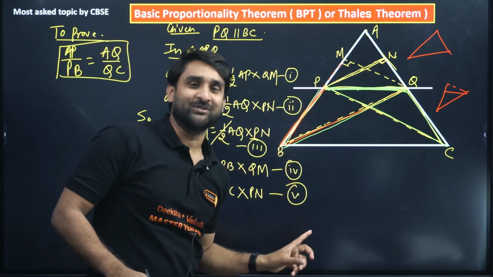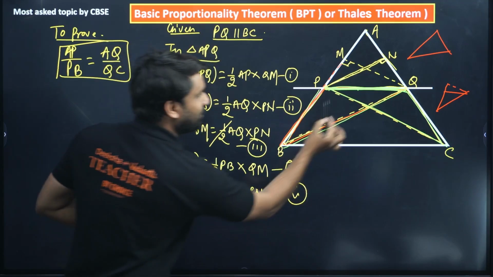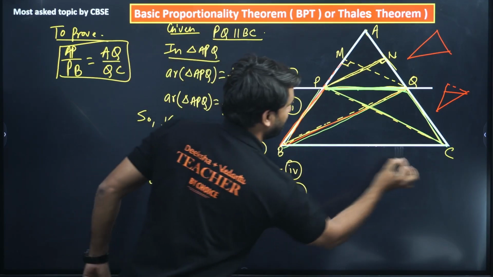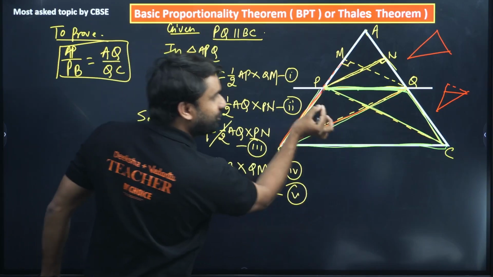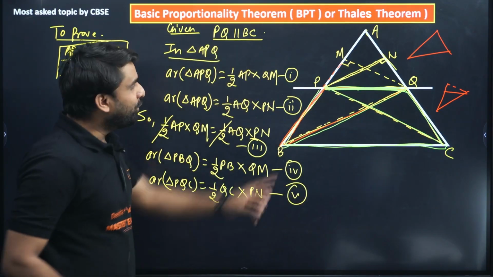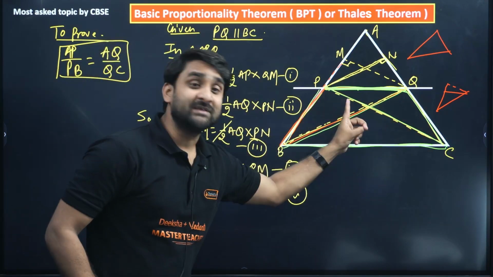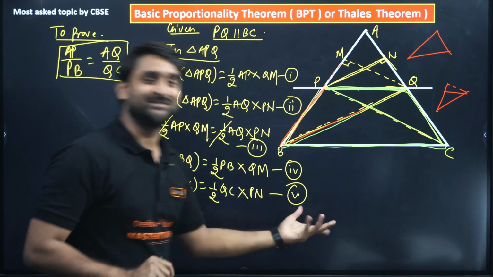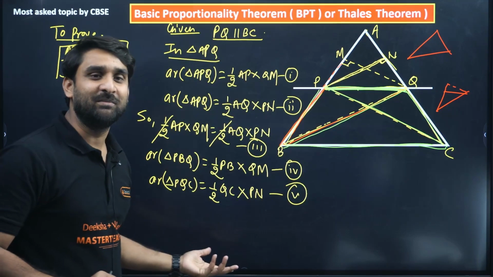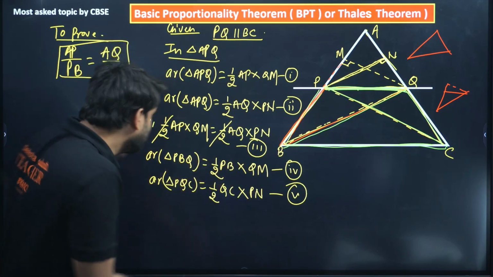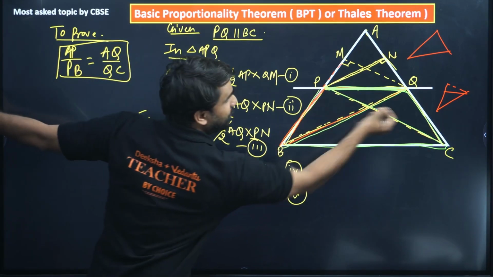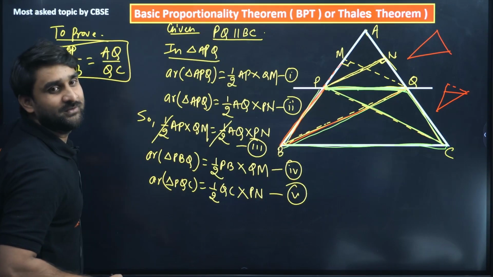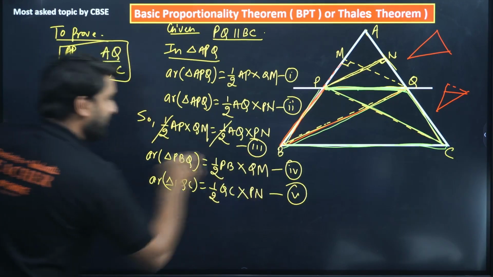So PQ is common in both, right? And both the triangles are between these two parallel. So the triangle PBQ and the triangle PQC, both are lying on the same base between same parallel, and this is the theorem. So the area will be equal to each other. So these two triangles also have equal area because they are lying on the same base between same parallel. So by using that theorem, we can equate both.